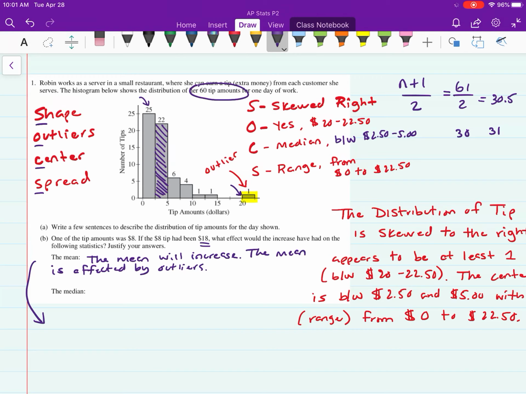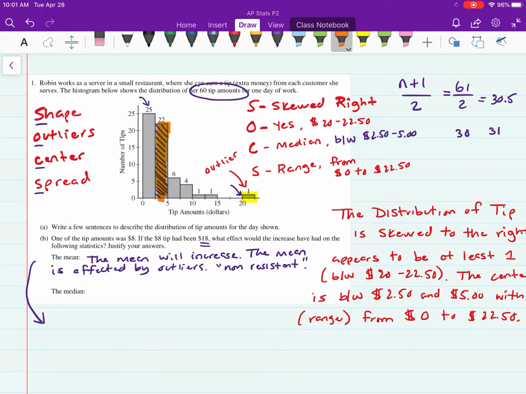Or you can go ahead and be extra and say the mean is non-resistant, which is something we talked about in September. So the mean is going to increase, and I gave a reason. The mean is affected by outliers. It's non-resistant. Now the median, which is the middle number, the median is, again, in this bar here.